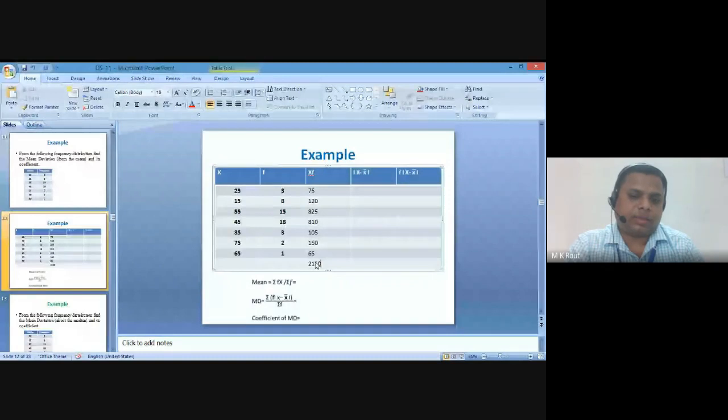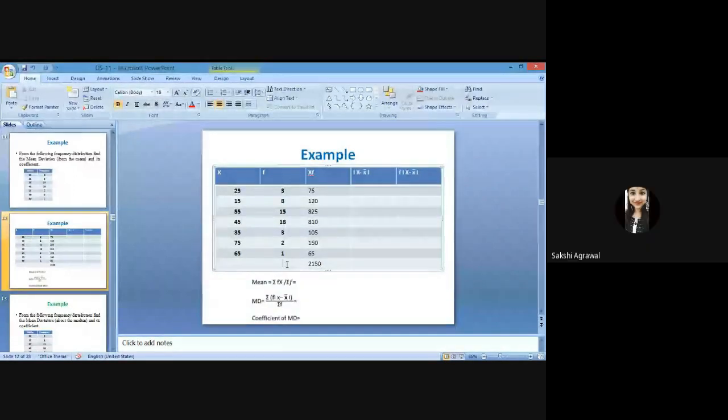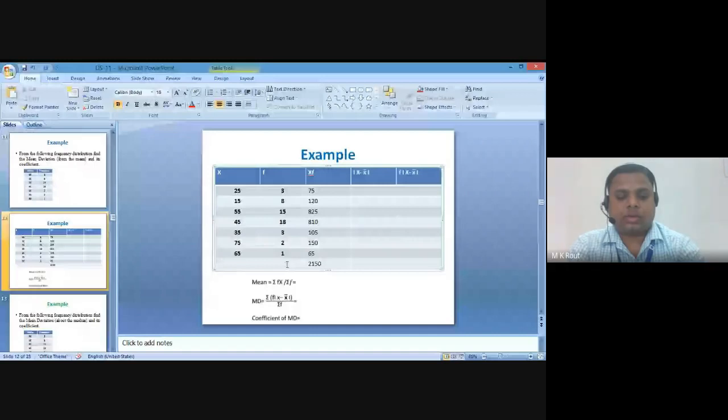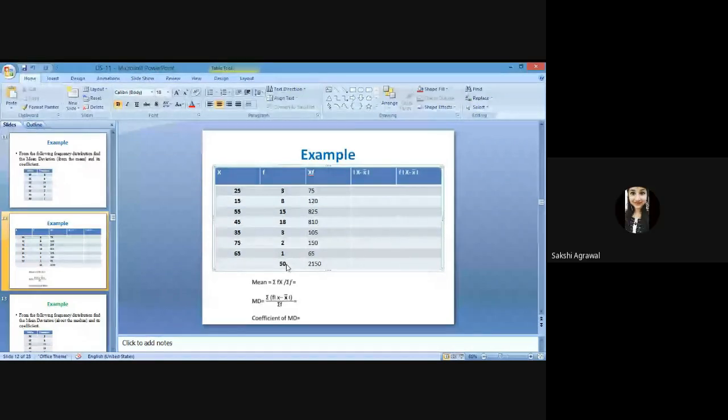The formula for x bar is summation of fx divided by summation of f. What is the value of summation of f here? 50. Just calculate 2150 divided by 50. That equals 43.